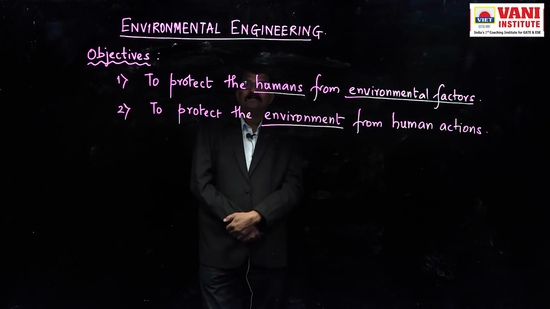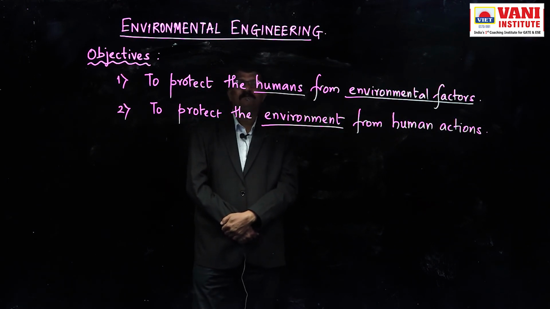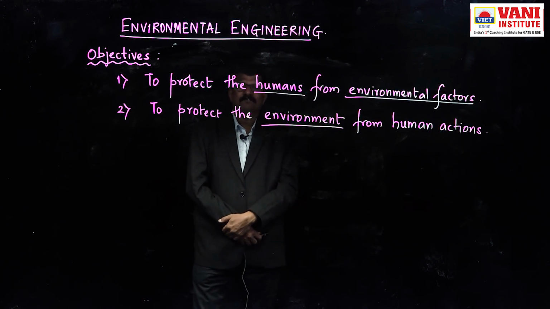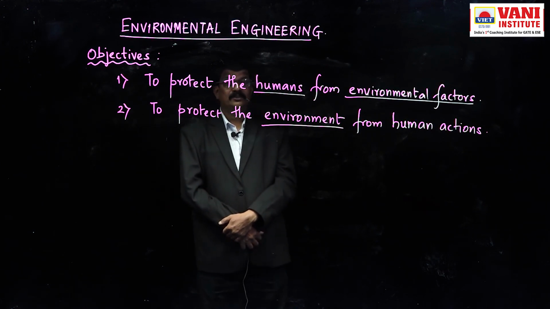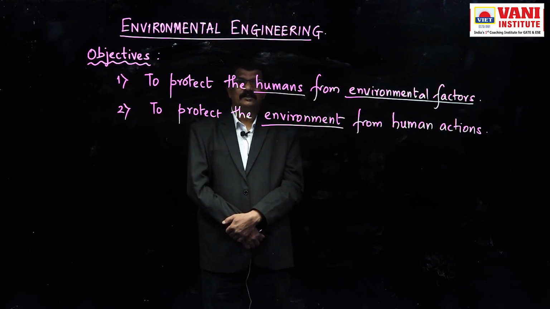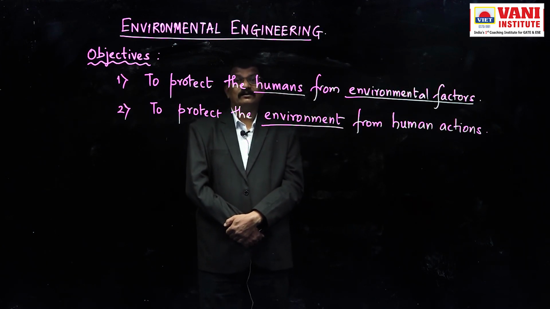So majorly, we can see through this discussion that for human life to be in harmony with the environment, we need to take care of the various resources that are necessary for the survival of humans. Out of that, we shall be focusing mainly on water, air, and sound, in addition to the solid waste.